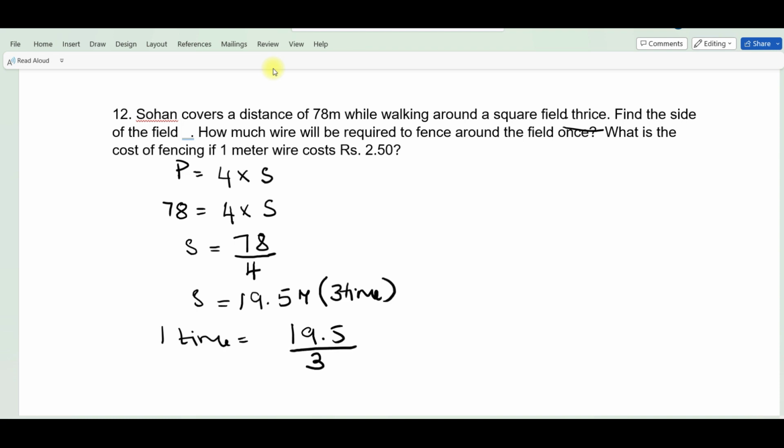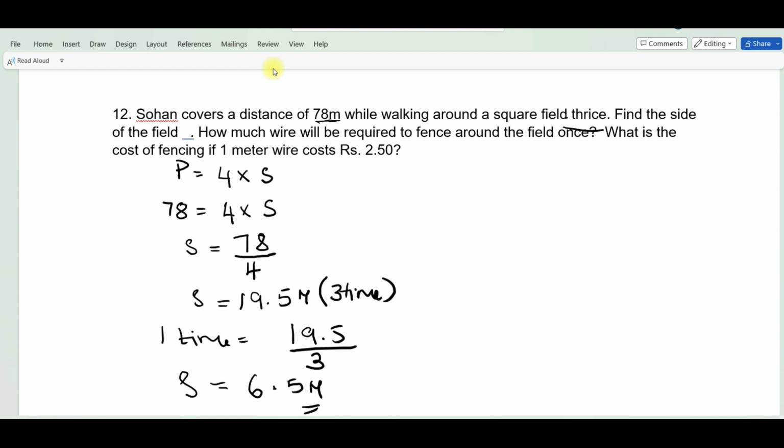By doing so, one side would be 6.5 meters. Why did I do this? Because the distance they've given, 78 meters, is thrice. So I have to find 1 time of it, right? So that is where I divided by 3. So the side now would be 6.5 meters.